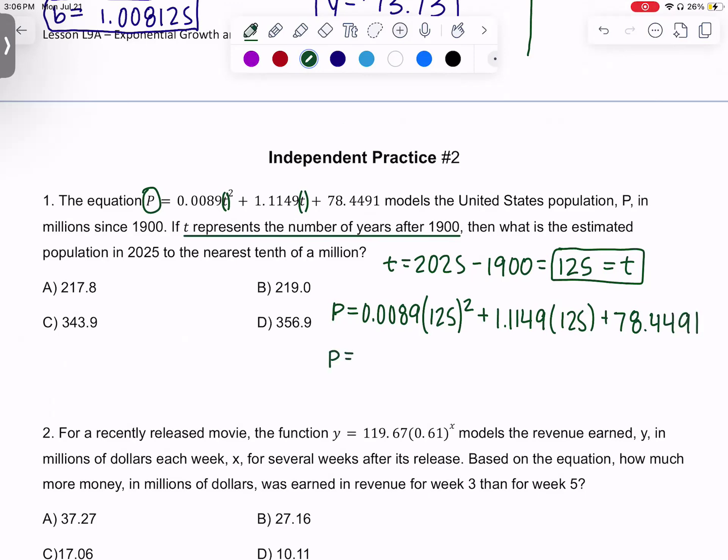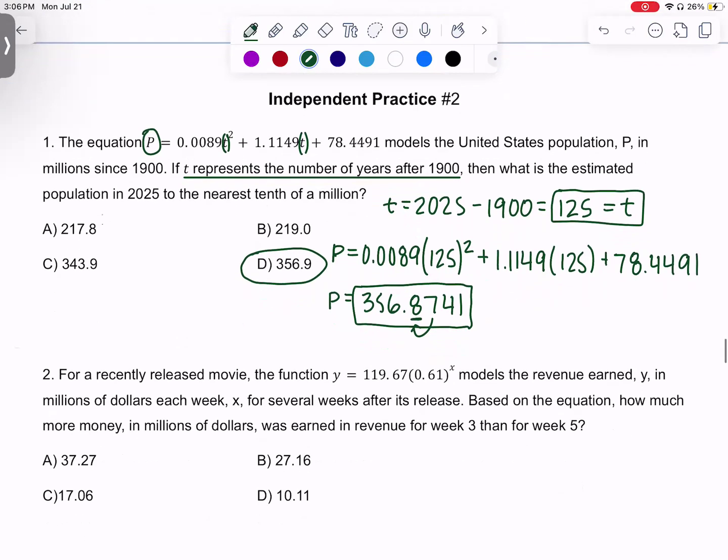We go left to right on Desmos, that entire expression. And we get 356.8741. It's always D, 356.9. Take the 8, round it up based on the answer choices.